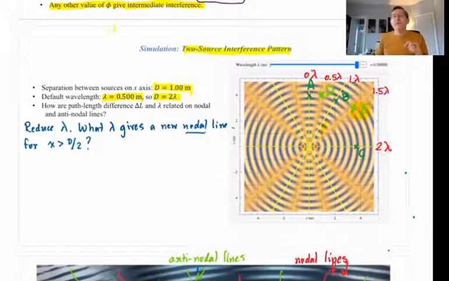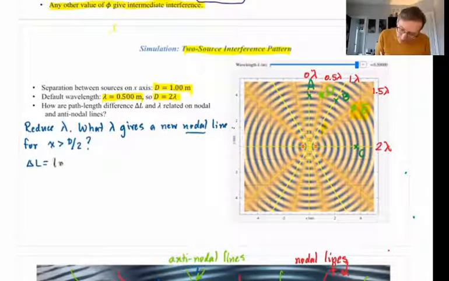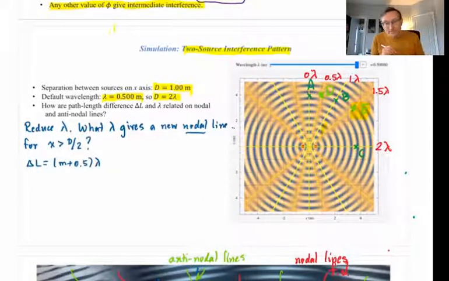Well, like I said, reducing the wavelength makes the whole pattern compact, and I can fit more nodal and antinodal lines in this same region. And I know that if I want a nodal line, the path length difference must be an integer plus a half times lambda.